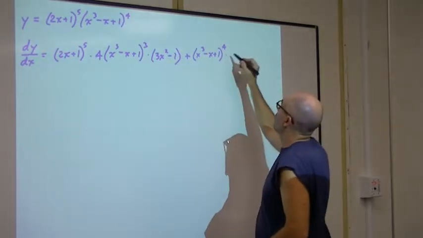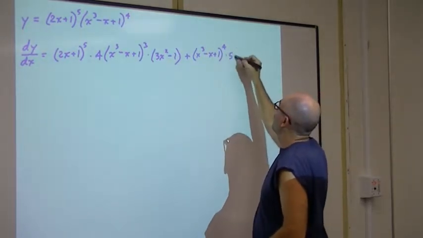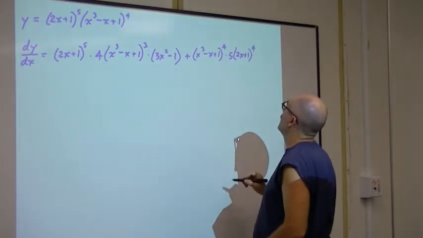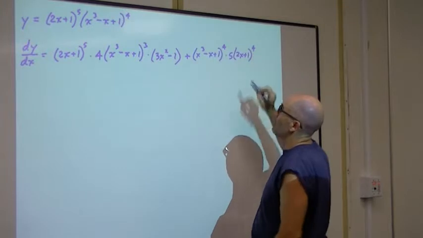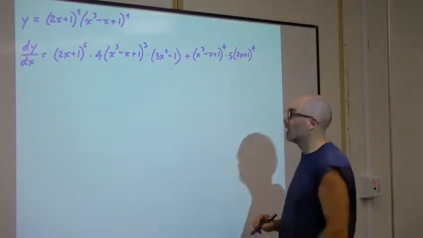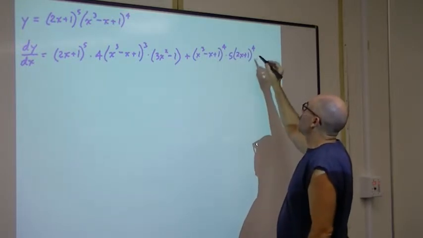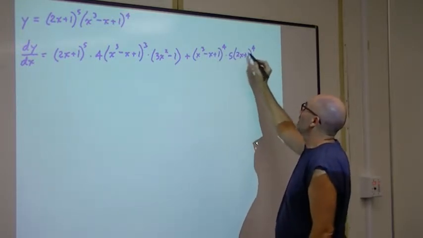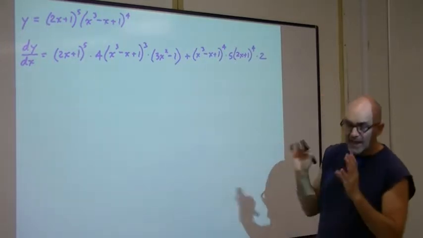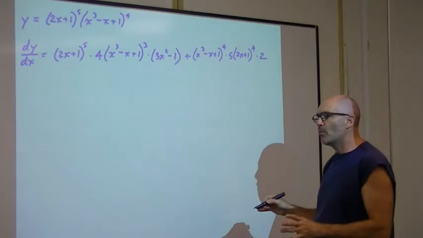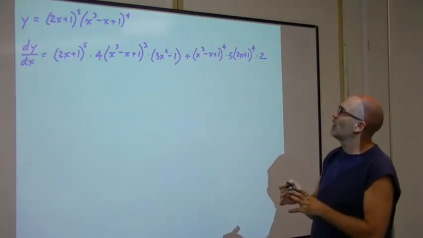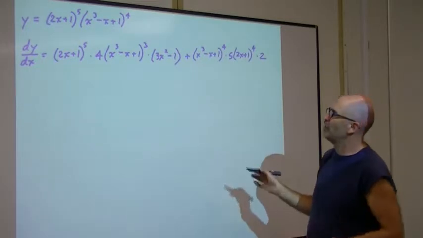Well, the derivative of the first is going to be 5 times (2x plus 1) to the fourth. See, I just brought the 5 down, dropped the exponent by 1. Now I've got the chain rule, so I have to multiply by the derivative of the inside, which is 2. That's it, game over. The calculus is over. Now begins the algebra. So basically all we do is simplify this big mess.